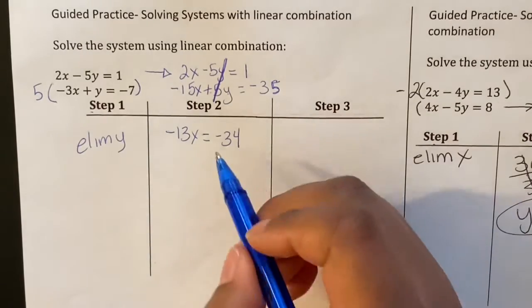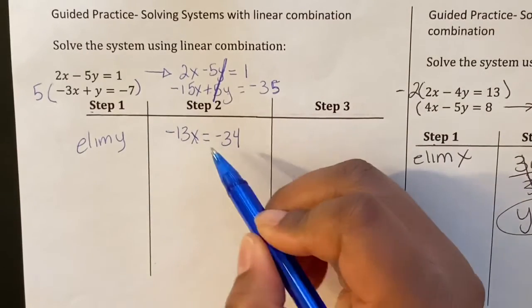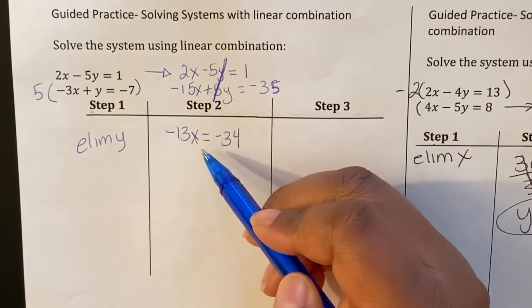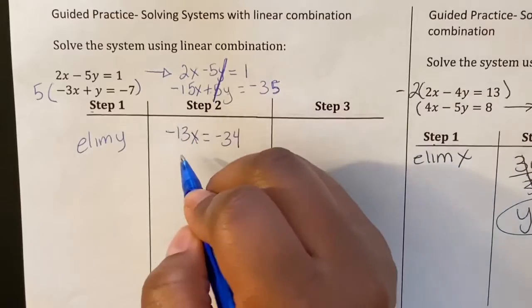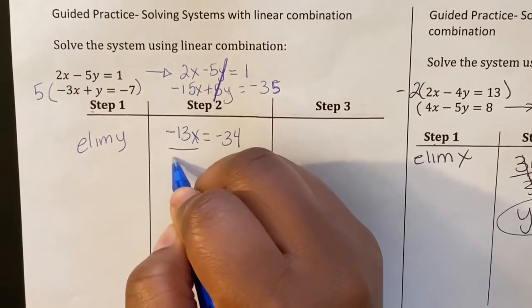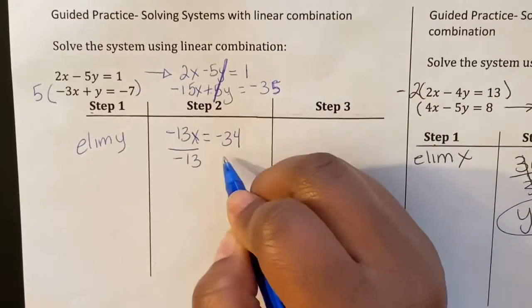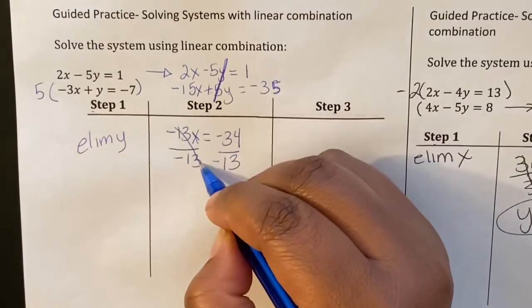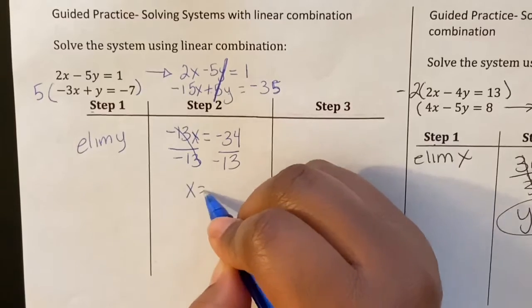Okay. Now I want to solve for that first variable. So I added my 2 new equations, and now, still in step 2, I'm going to solve for this variable x. So to get x by itself, I'm going to divide by negative 13 on both sides. These negative 13s cancel out, x equals negative 34 divided by negative 13.